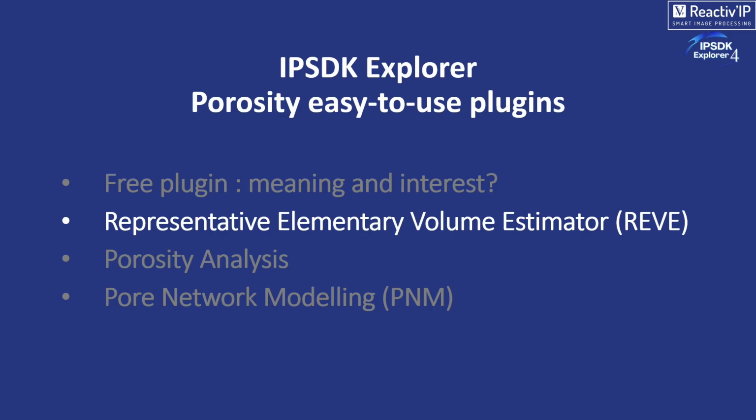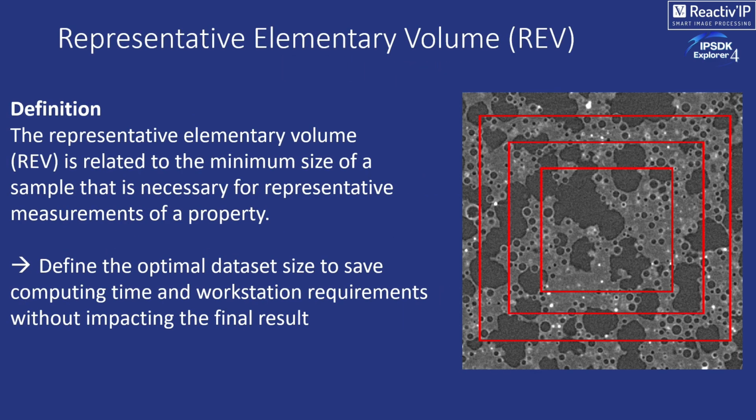But let's start with a plugin that is very versatile and that is of interest for any type of application. Porosity, okay, but also for other types of material characterization or pore size distribution, which is representative elementary volume estimation. That's quite a common question: how can I define, must I analyze all my data set, the full data set, or can I just define a region of interest that will be representative of my full data set?